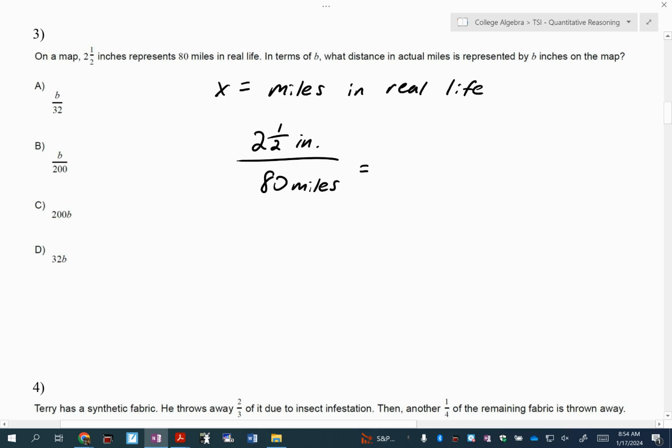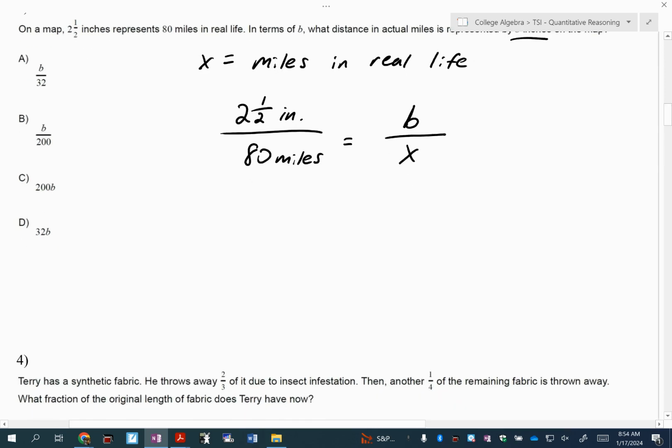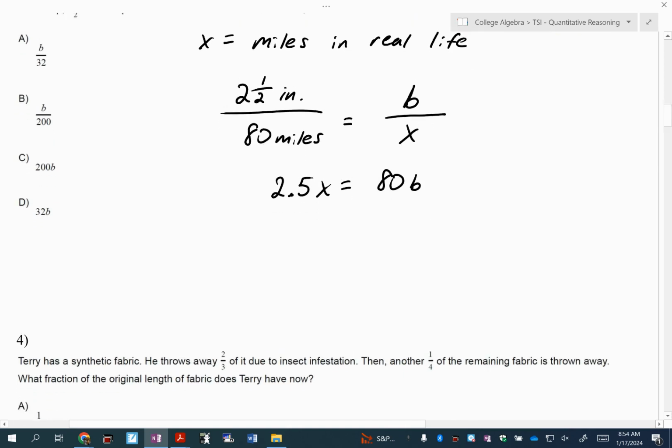And then some value B inches on the map is how many miles in real life, or X. So if I go ahead and do some cross multiplication here, I get 2.5 times X equals 80 times B. All right, and then if I divide both sides by 2.5, I'll get what X is equal to.